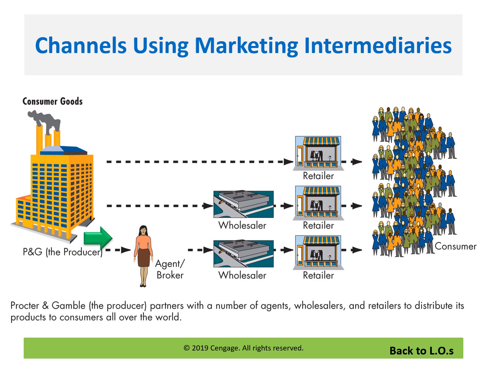The third is from the producers, through agents or brokers or middlemen, then the wholesaler, then the retailer, and then to the customers. For example, Procter & Gamble, which is a producer, partners with a number of agents, wholesalers, and retailers to distribute its products to consumers all over the world.